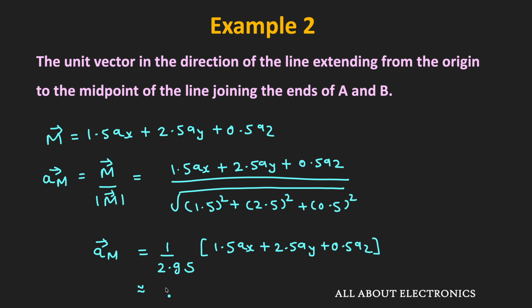Then it will come out as 0.5 ax plus 0.847 ay plus 0.169 az. So in this way, we got the unit vector in the direction of the m. So far, we have seen the examples based on the position vector, distance vector and the unit vector. So now, let us see the next example based on the vector field.